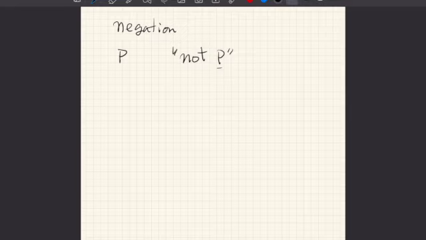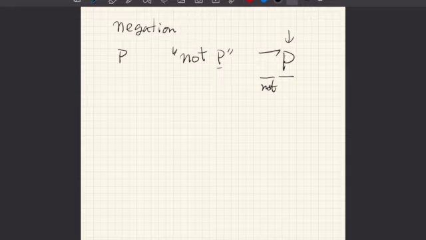And we write this as this symbol and P. We read it as not P. Unlike conjunction or disjunction, this operation acts on only one proposition. It's not pairwise, it's just a unary operation.